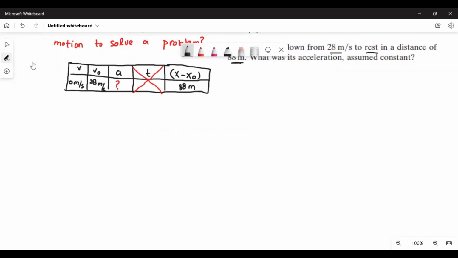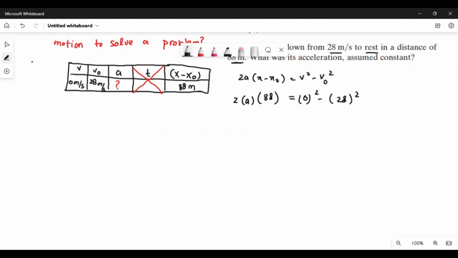For example, the third equation of motion is 2a times (x minus x naught) is equal to v squared minus v naught squared. 2 into a, a is unknown, that's why I keep it as it is. 88 is x minus x naught, is equal to v squared, which is 0 squared, minus v naught squared, which is 28 squared.